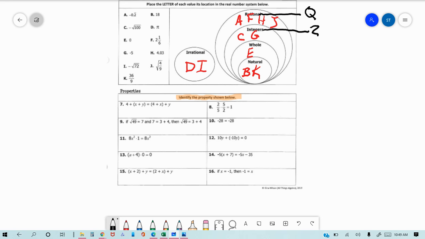Number 7 is associative property of addition. Number 8 is inverse of multiplication. Number 9 is transitive.